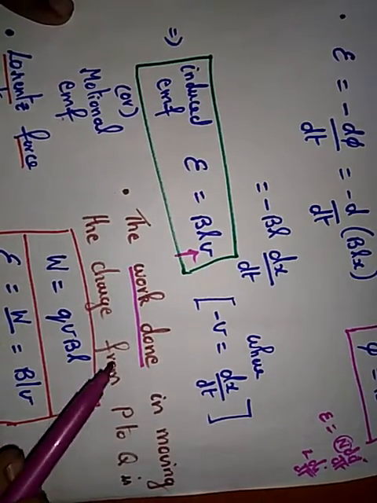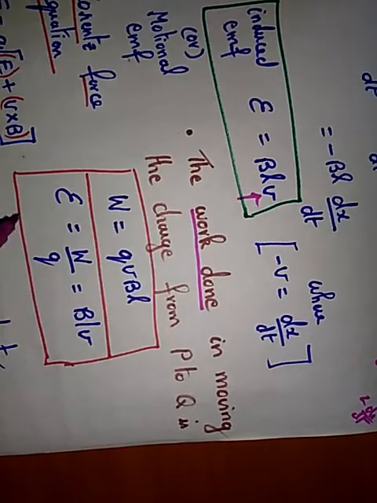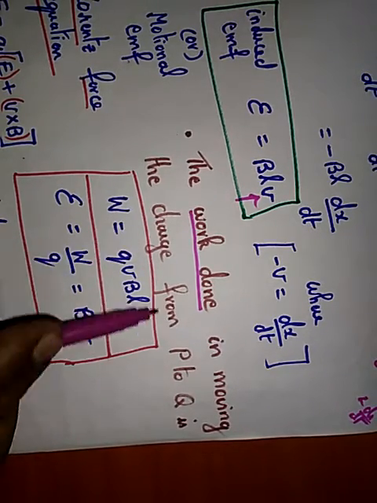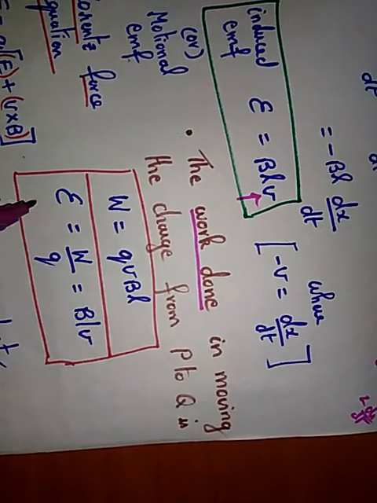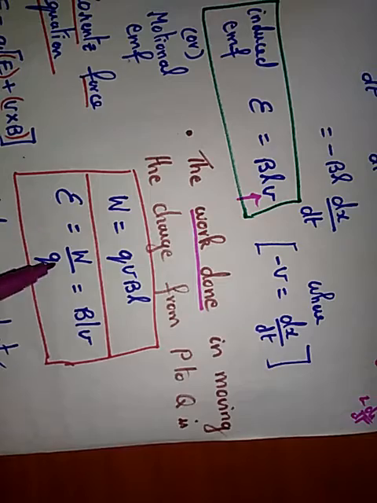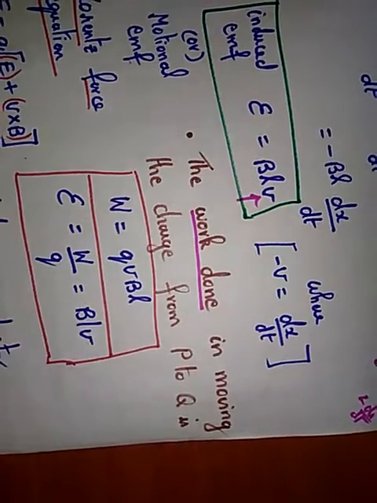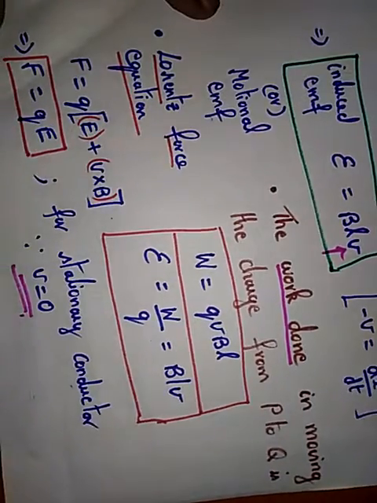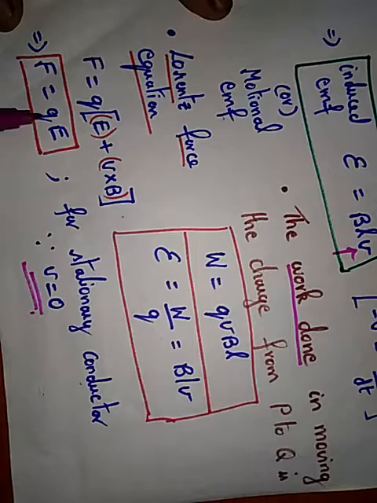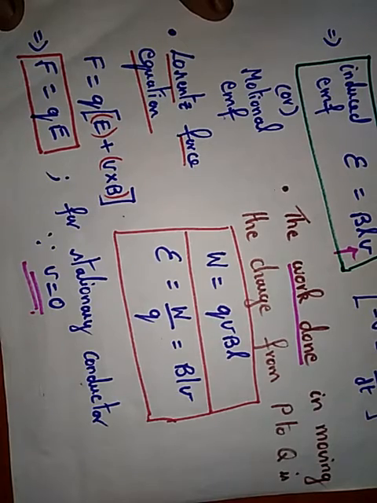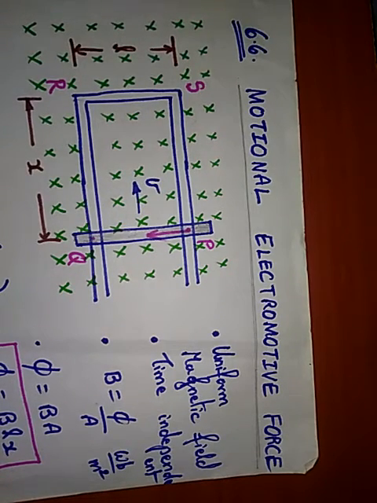The work done in bringing a charge from P to Q is given by QVBL, and because of that, induced EMF is equal to W by Q, which gives BLV. So both terms are equal. Finally, if the conductor is not moving, the force on the conductor is going to be charge into electric field intensity. That's all about motional electromotive force.